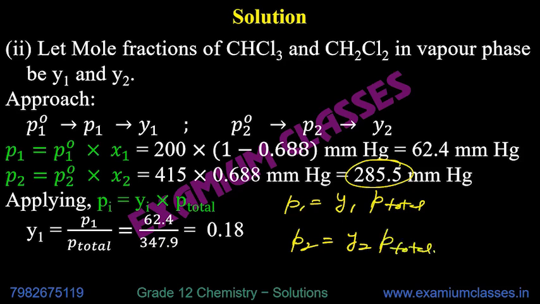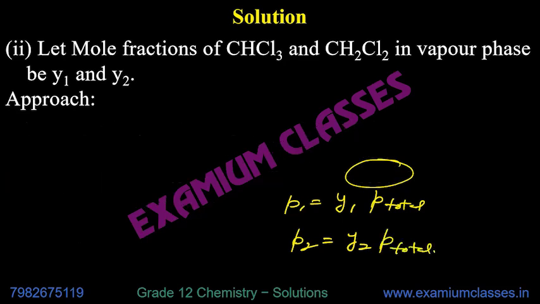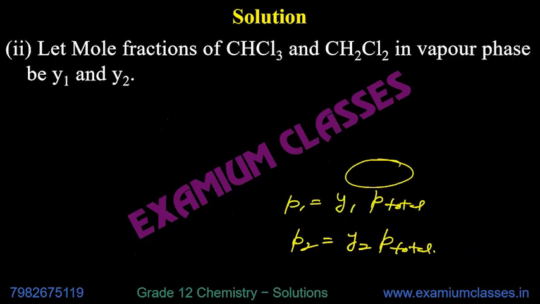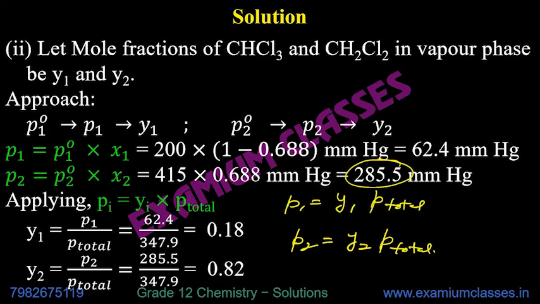P total we have already calculated, 347.9. So Y1 is the mole fraction of chloroform in the vapor phase, Y2 is the mole fraction of dichloromethane in the vapor phase. These are the answers.